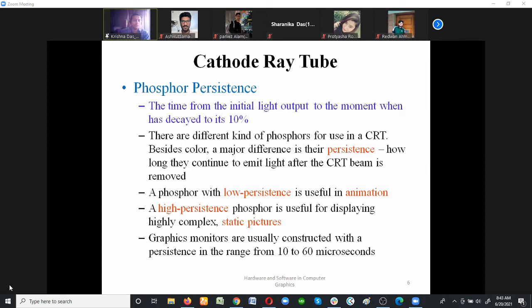For the screen, the phosphor very quickly fades out, and it is not possible to continuously put your electron beam on a specific point. If you do, the phosphor could burn, your skin also could burn.